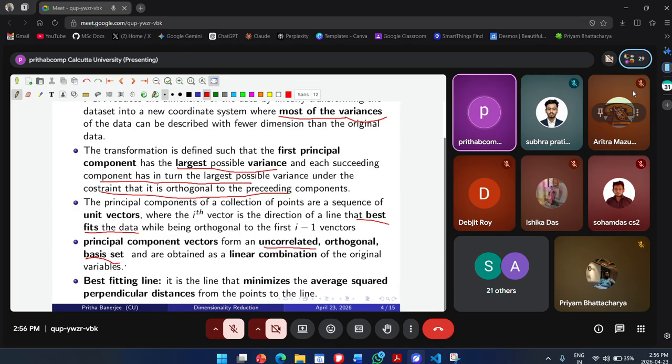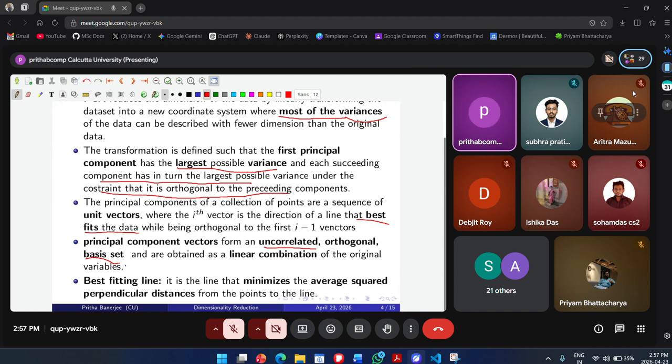Basis vectors are vectors whose linear combination gives you all the points in that data set. So obviously principal components must be orthogonal and must be basis vectors such that a linear combination of them will give you the original variables.